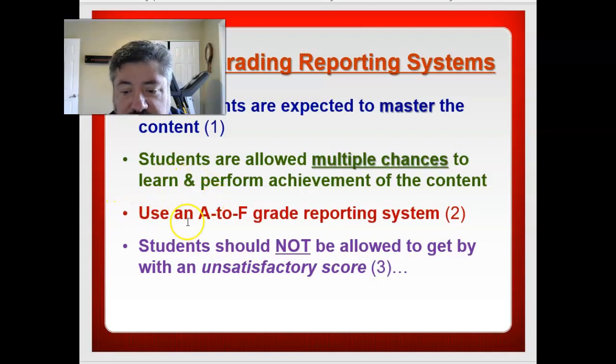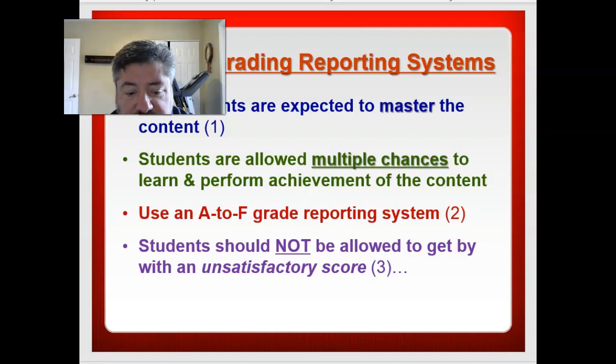You'll still use an A to F grade reporting system at most schools, but some schools use a pass-fail reporting system when they go to mastery, because if you don't master everything, you fail. Once the content is mastered, even if your mastery is only at 70%, if that's your challenging but realistic level, the students receive the full credit and they're awarded the A for that specific criteria.